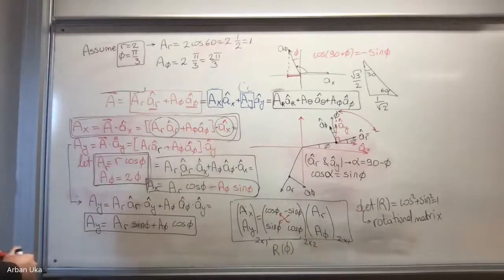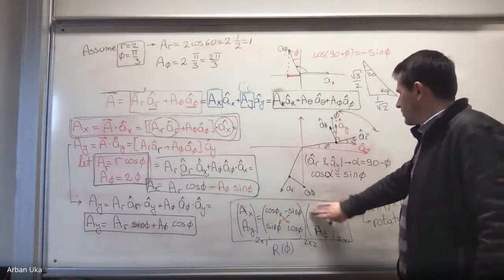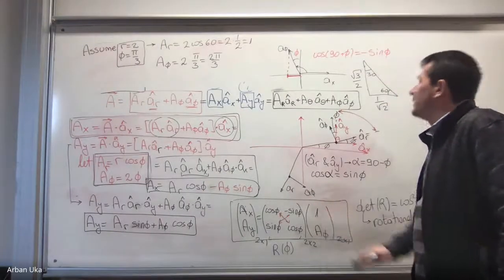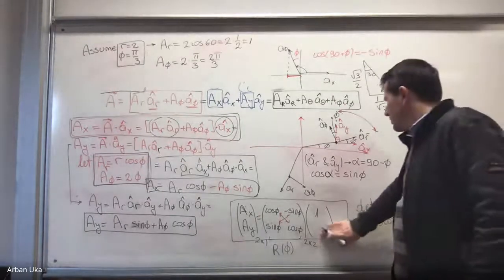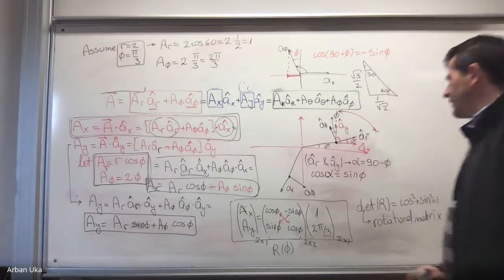That's good. And now we have to substitute all of these values into the respective places. So this A_R can be just 1. Imagine for a moment, this is 1. And the A_phi is 2 pi over 3.